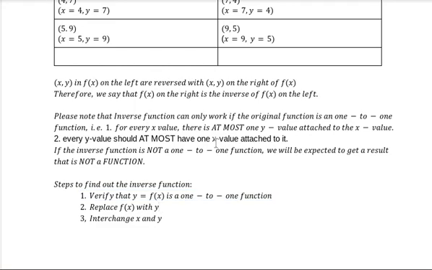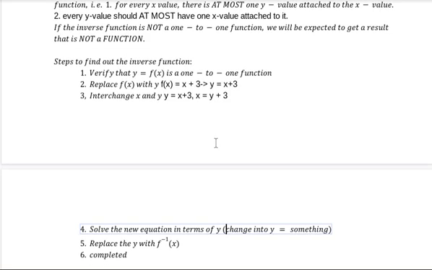The second thing you need to do is replace f(x) with y. For example, if originally it was f(x) = x + 3, then you change it into y = x + 3. Then you interchange x and y. So if it is originally y = x + 3, you change it into x = y + 3. The fourth thing, you need to solve the new equation in terms of y.